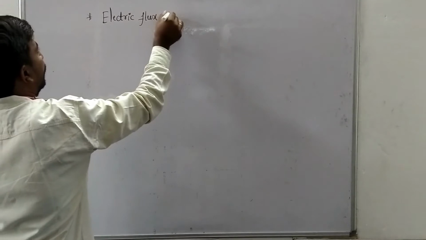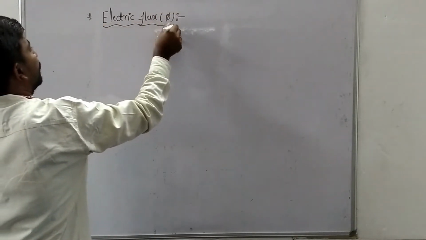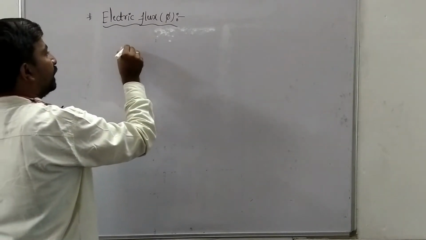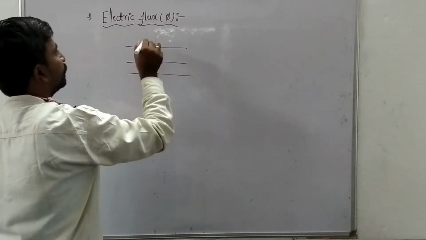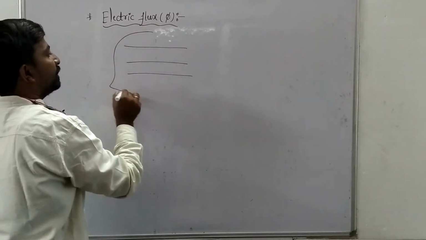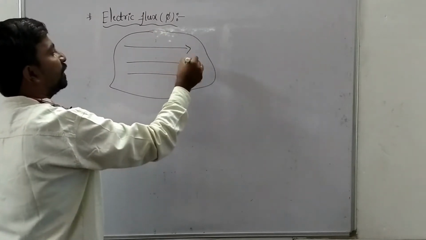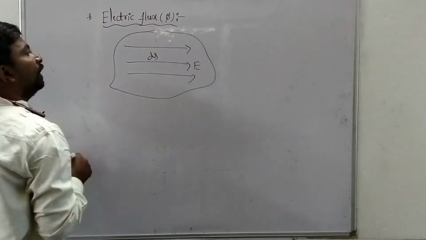Electric flux is denoted by phi. What is meant by electric flux? It is the number of electric field lines passing through that surface area. That is called what?